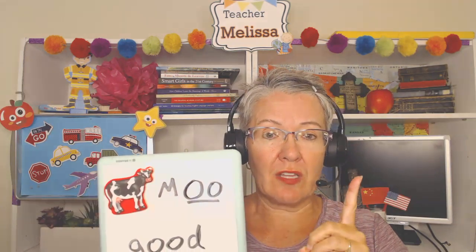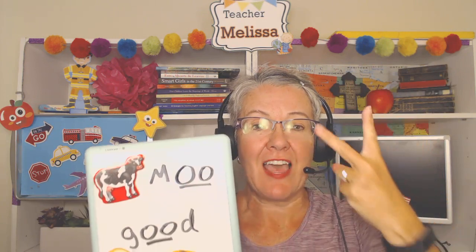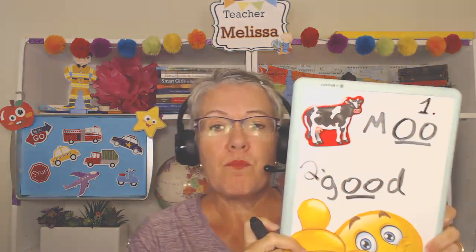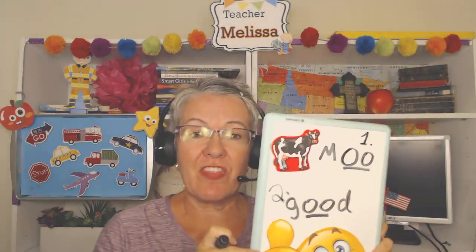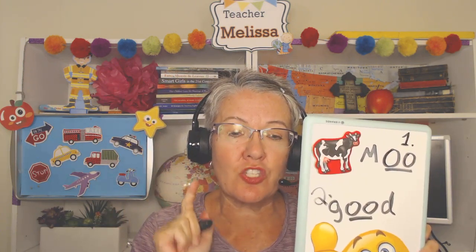Now, here is the key for a student who is struggling. Make sure you point it out and emphasize there are two sounds, and you must choose. You might even number these: this might be sound 1 and sound 2. Really point out that there are two sounds and they have to make a choice.